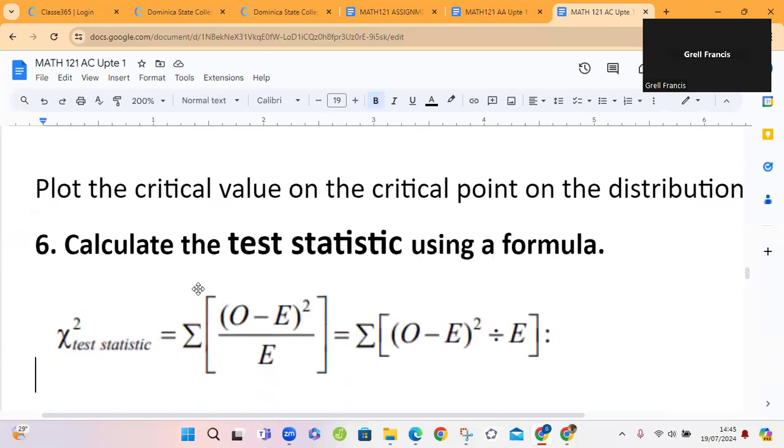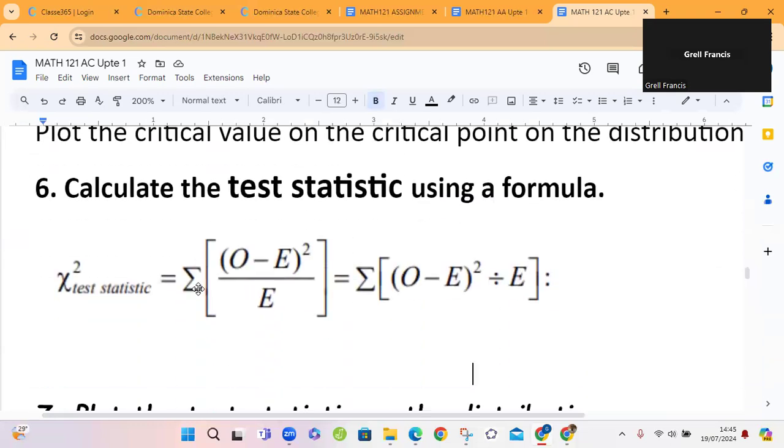Step number 6 is to calculate a test statistic. This is the formula. This formula is comparing the observed and the expected. So it's O minus E all squared divided by E. You've got to do that several times, four or five times, and then you've got to sum this up, and the summation will give you the chi-square test statistic.